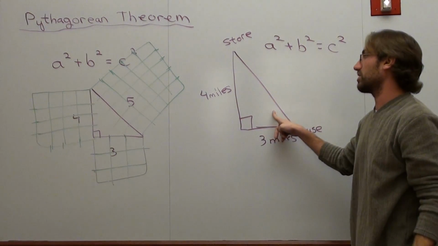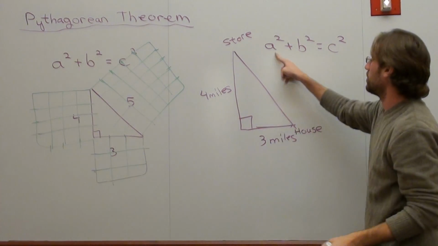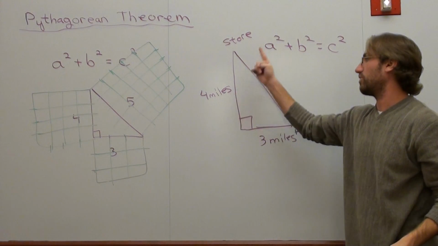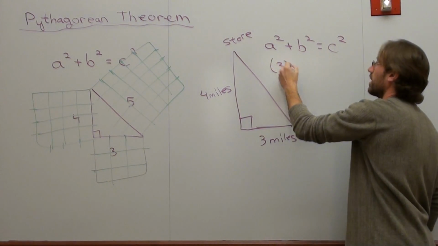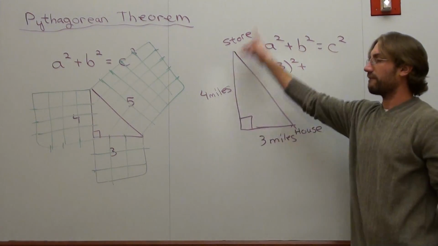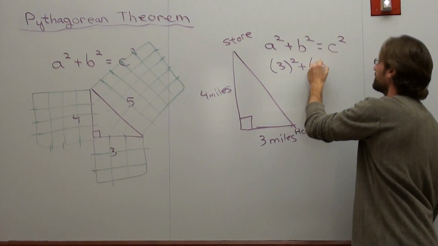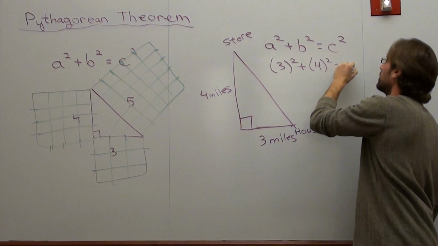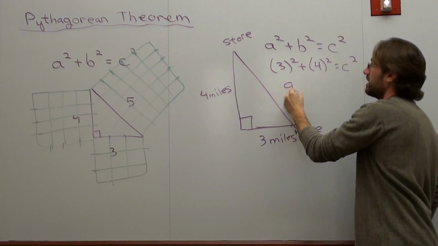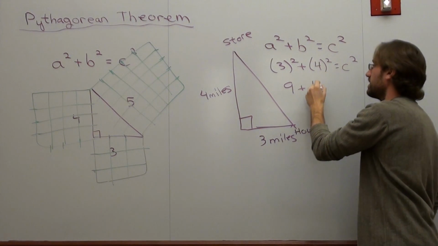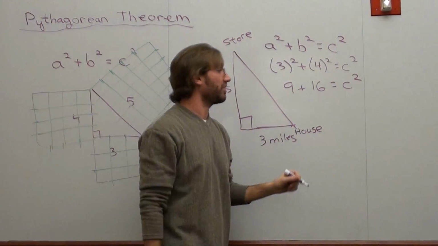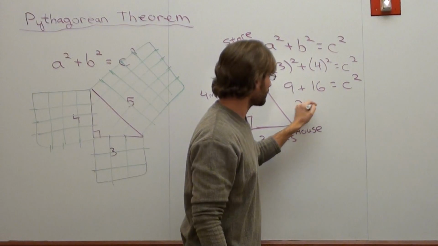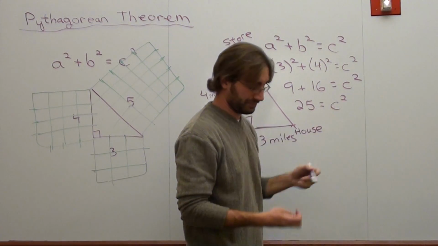Now c is always the biggest one. a could either be 3 or 4, but we'll just go 3 because that's my first distance. So it's 3 squared plus 4 squared equals c squared. 3 squared is 9, plus 4 squared is 16, equals c squared. 9 plus 16 is 25, equals c squared.